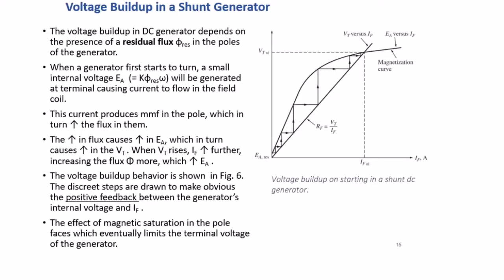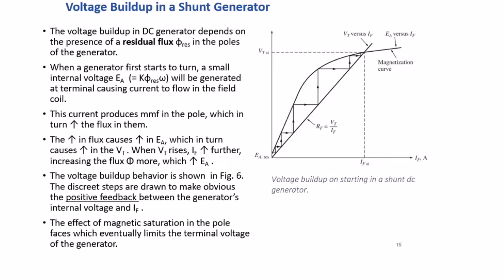The voltage buildup is possible because actually these machines have what is called the residual flux, or you can say that the poles actually have become magnetized. Although it's not very strong, there is some magnetic property remaining even after you switch off the machine.